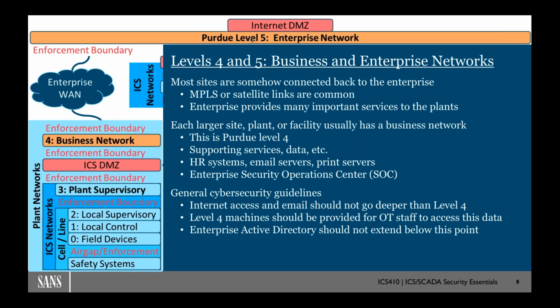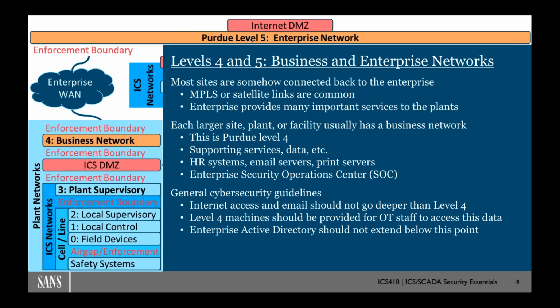If we have engineers and operators and technicians, if they need to read enterprise email, they are going to have to physically walk to a machine in the level 4 business network at the plant, or possibly, right, maybe provide a second workstation at their desk, which is physically wired to level 4, right? So that way they have access to the email and the business resources.